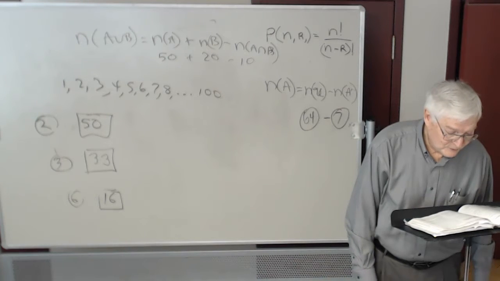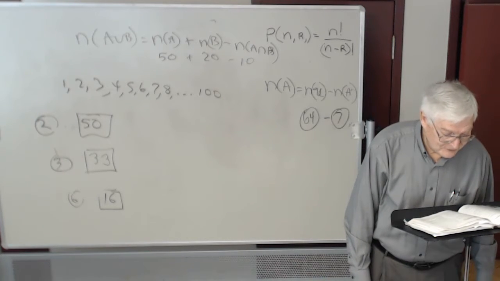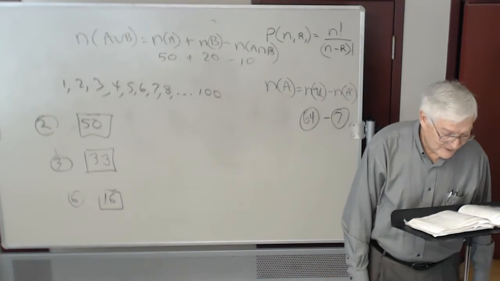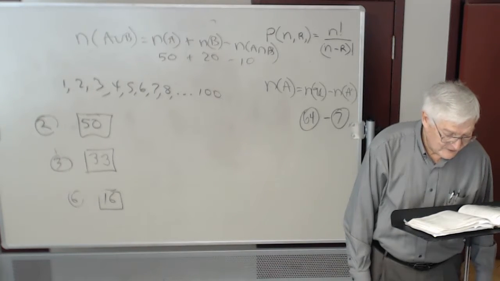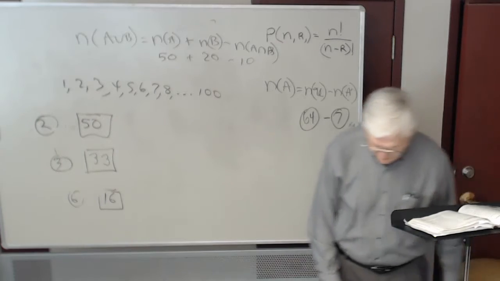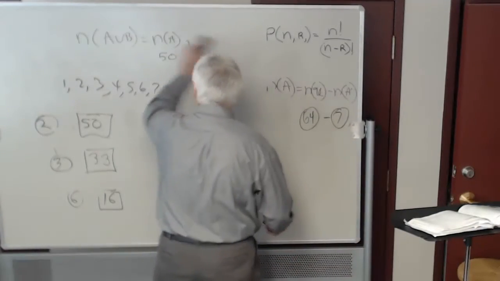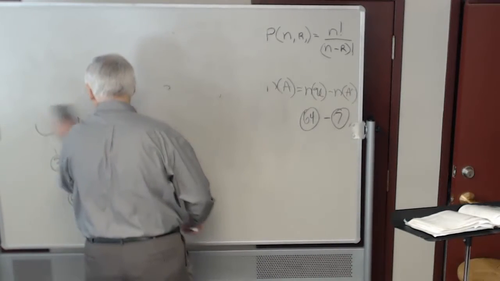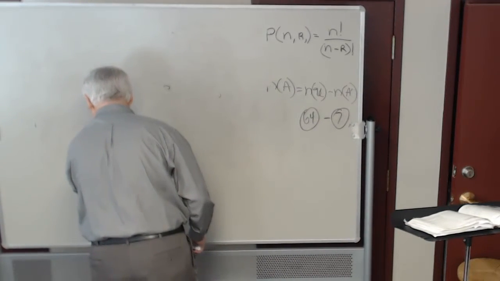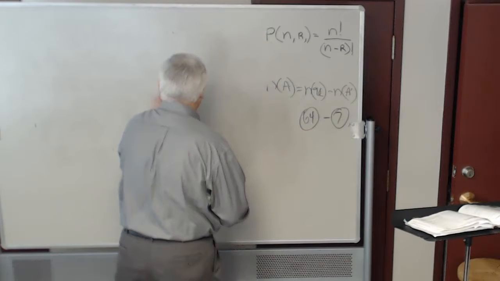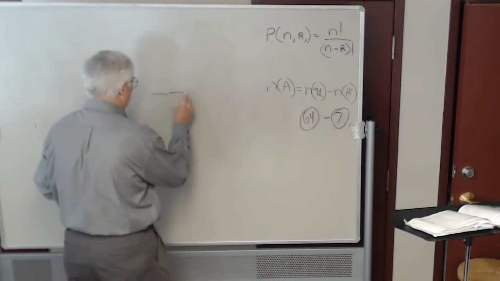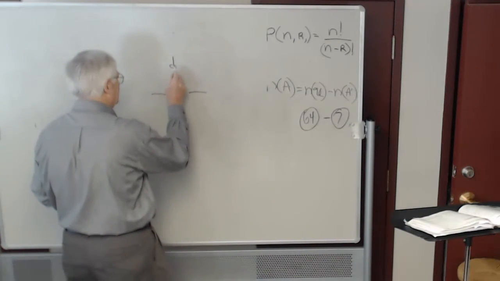Number 42. How many license plates using 1 digit followed by 3 letters and then 3 digits can California issue? What am I going to do here in California? Let's draw a picture of this. I'm going to make a license plate that has what? 3 digits?